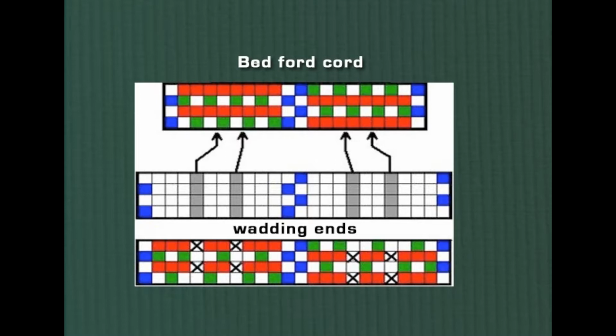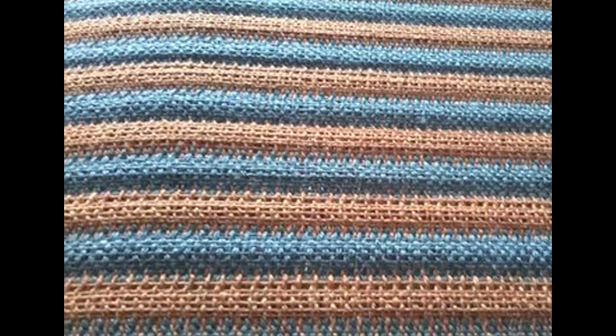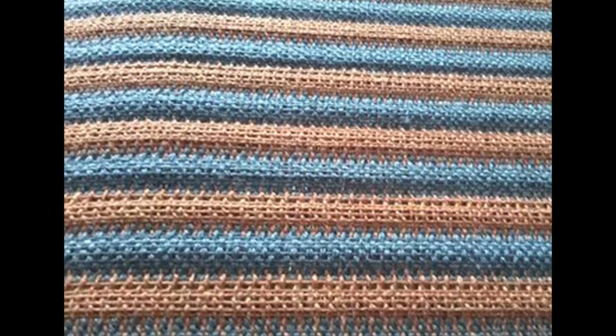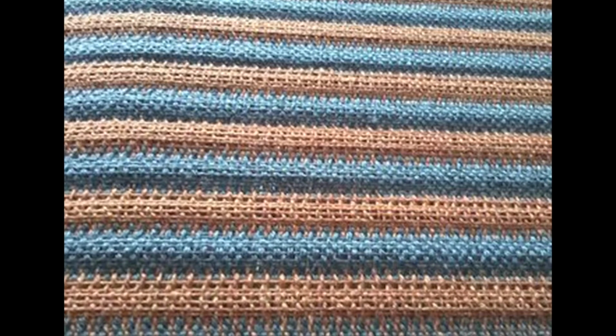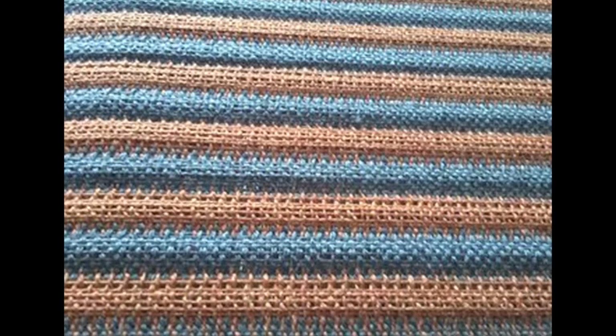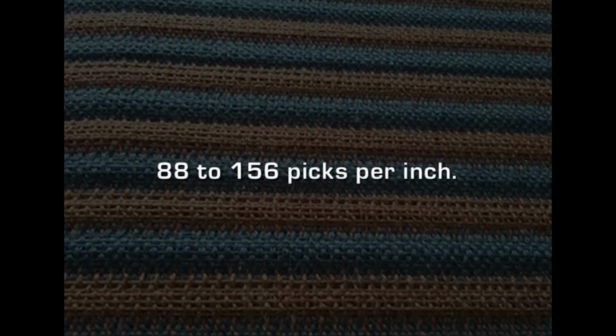These wadding ends float at the back of the fabric. When the wadding ends used are very coarse, they give a rounder appearance or a rougher texture to the fabric. One can see around 88 to 156 picks per inch in a Bedford cord.